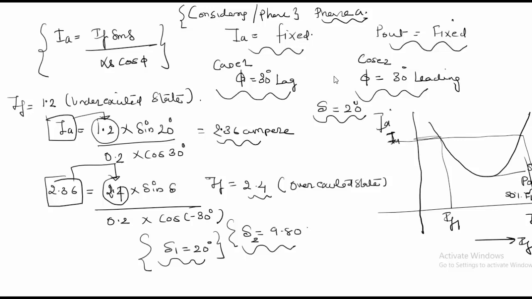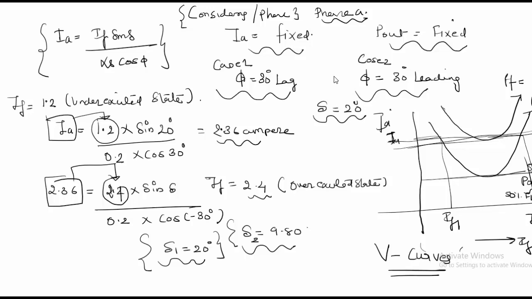It's possible to get higher curves as the power is increased, and it's also possible to fix these curves for a specific power factor, in the specific case equal to 0.8. So this kind of curves which you get is known as the V curves, and this is a curve between the IA and the IF, where the IA is the current per phase of the stator.